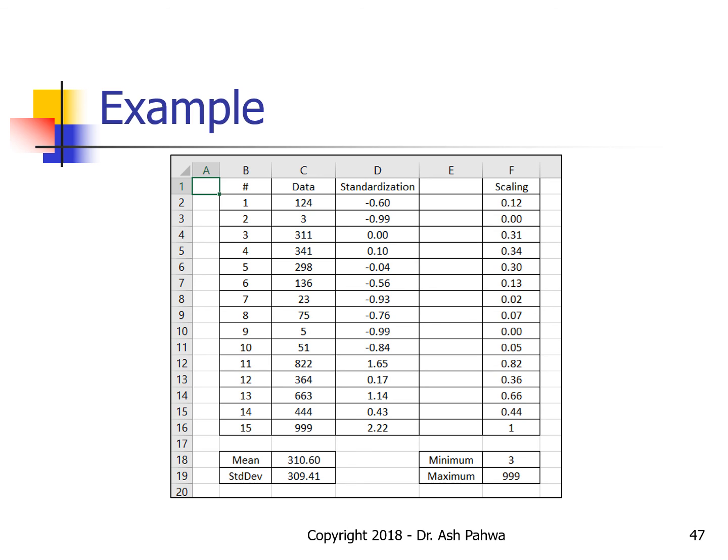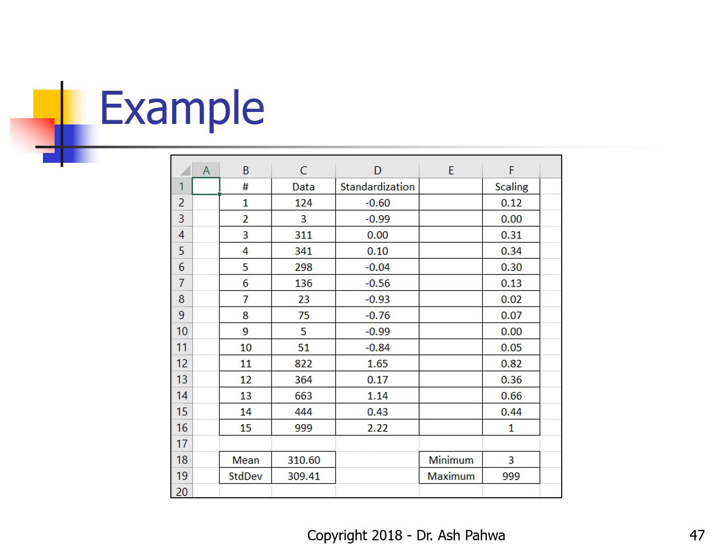Another way I can do this is to scale the data, which means my data element minus the minimum divided by max minus min. Let's take the first example, which is 124. The minimum value here is 3, and my max value is 999. So I take 124 minus 3, whole divided by 999 minus 3, which gives me the value of 0.12.